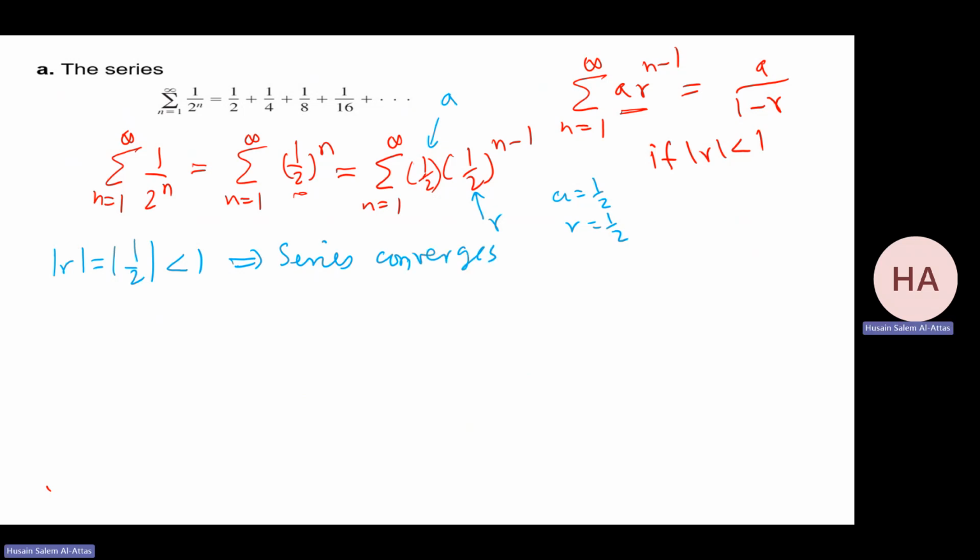Not only that, the sum of the series is S, which is A over 1 minus r. What is A? A is half, and 1 minus half is equal to 1. Okay, this is one way to do it.